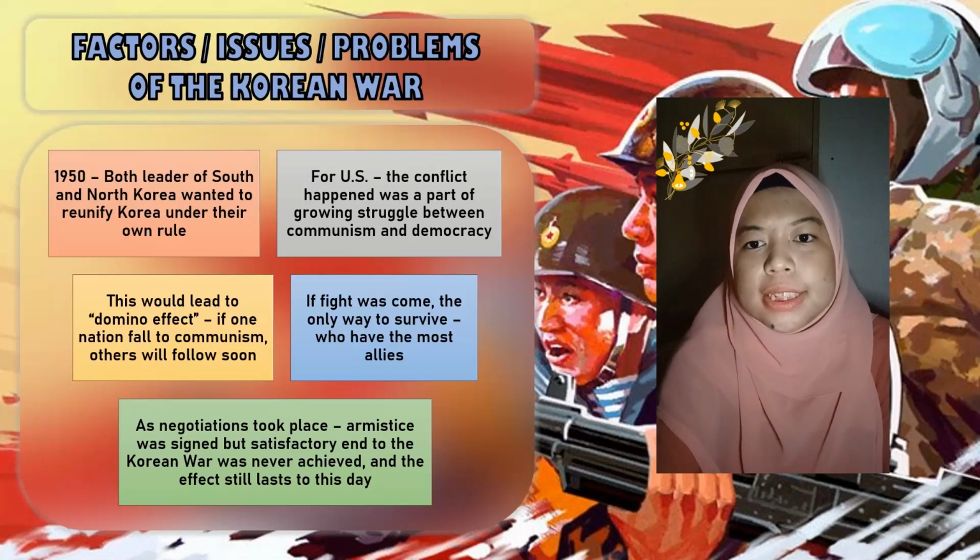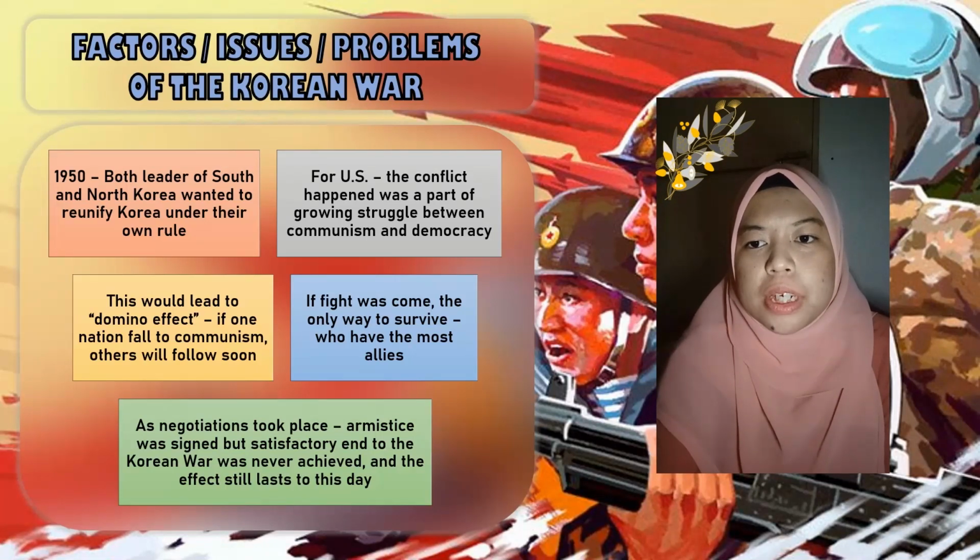This anti-communist sentiment would in later years lead to the domino effect theory, which claimed that if one nation was allowed to fall to communism, it would pave the way for many others to do the same.